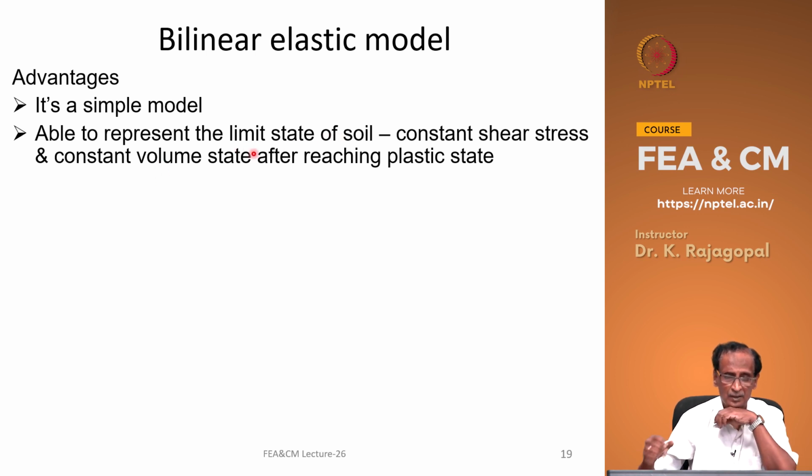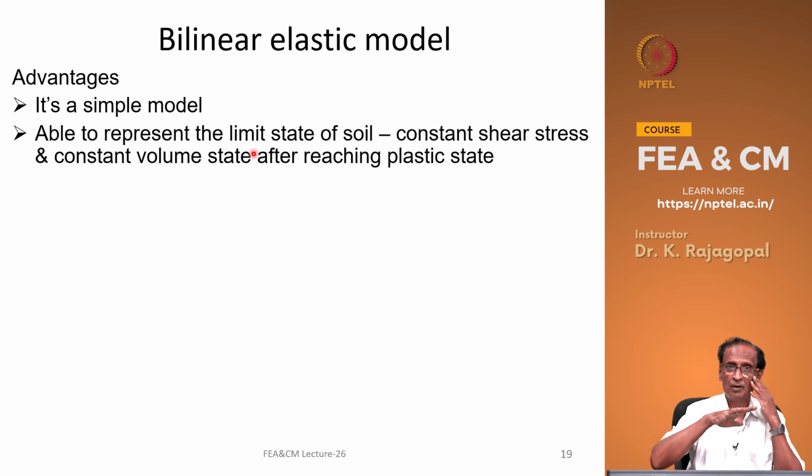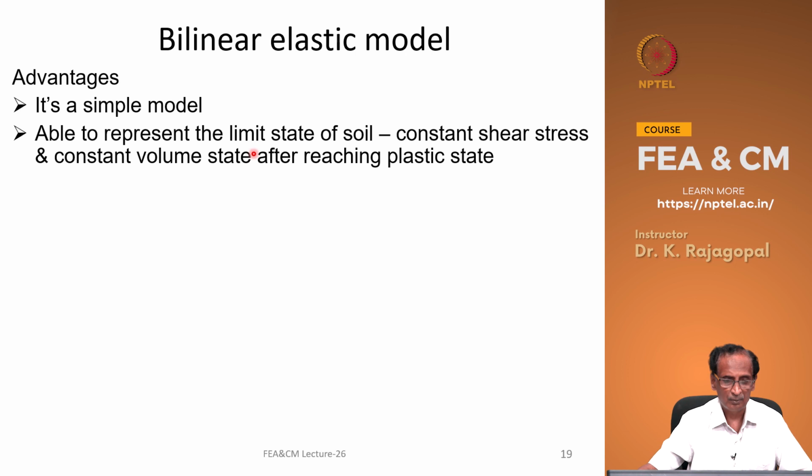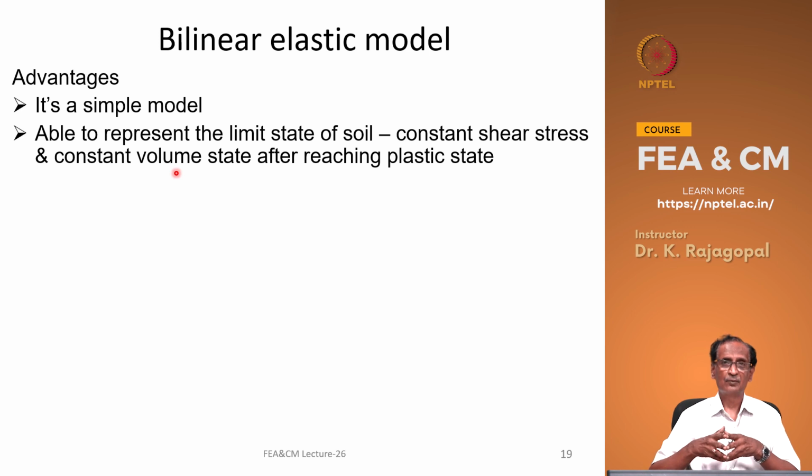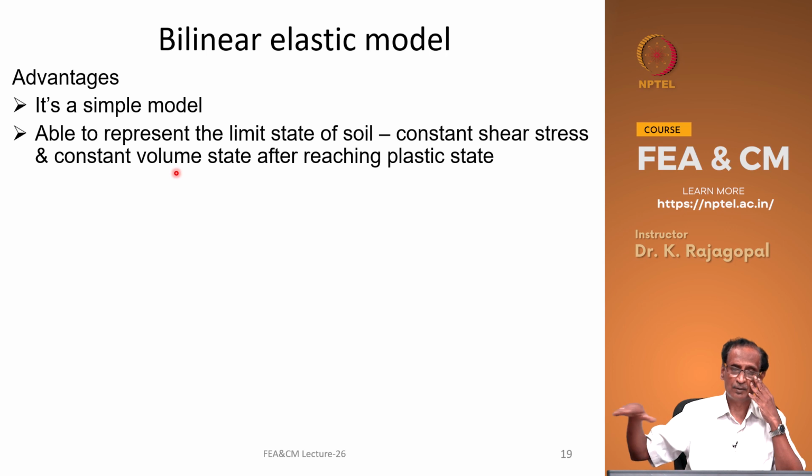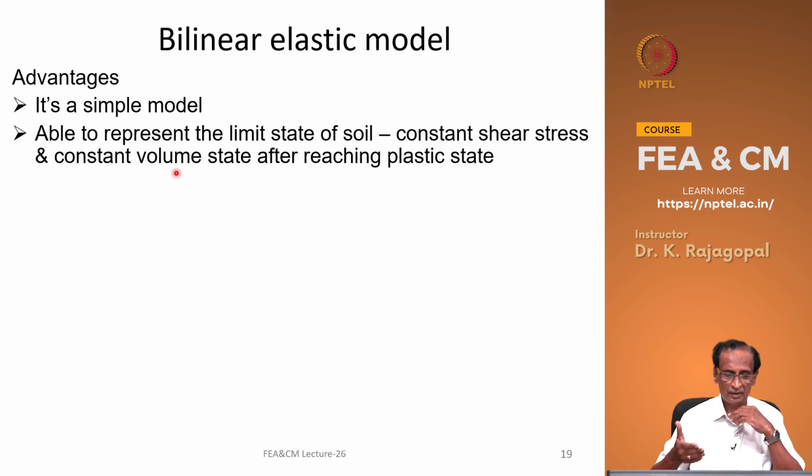And after reaching the plastic limit, our shear stresses have more or less remained constant, and then we are able to represent the constant volume state after reaching the plastic state. So, that is one of our observations from our laboratory tests. At critical state, our shear stress remains constant, and then volume also remains constant. So, that we are able to simulate by using a simple bilinear elastic model.